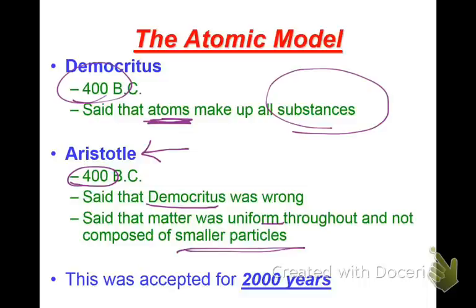So he basically said Democritus was wrong, you are absolutely wrong, you can't be right. And this was accepted for 2,000 years. So what Aristotle believed, 2,000 years, basically saying that Democritus is wrong. Of course, Democritus had some followers, and some people believed him. But overall, they didn't believe that.